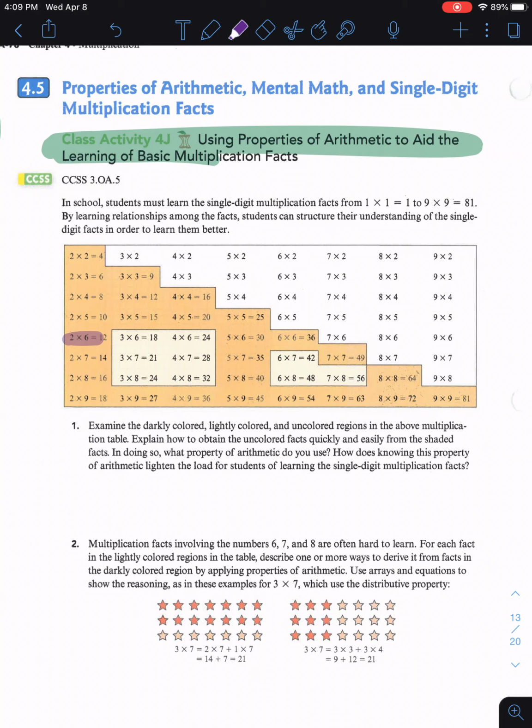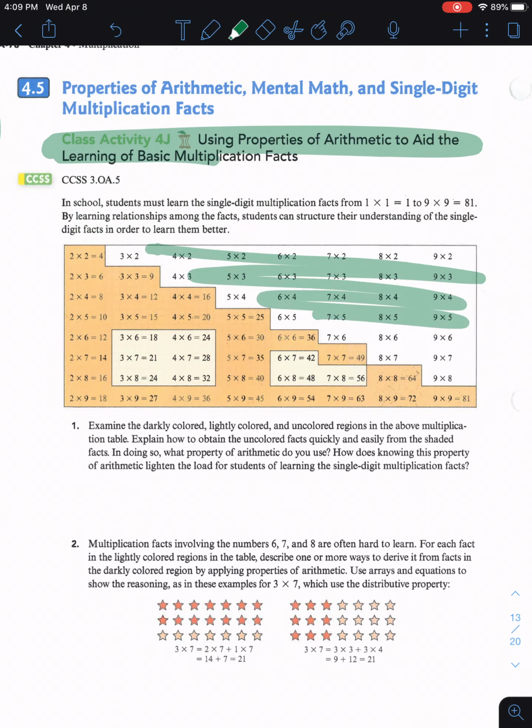If they know that 2 times 6 is 12, and they know that multiplication is commutative, then they know that 6 times 2 is 12 as well. So knowing the lower left side of the multiplication table, they can get this part for free. So they don't need to memorize it.